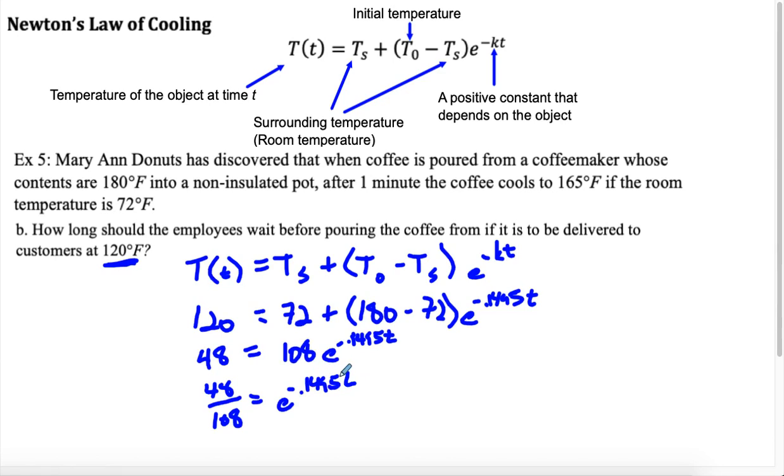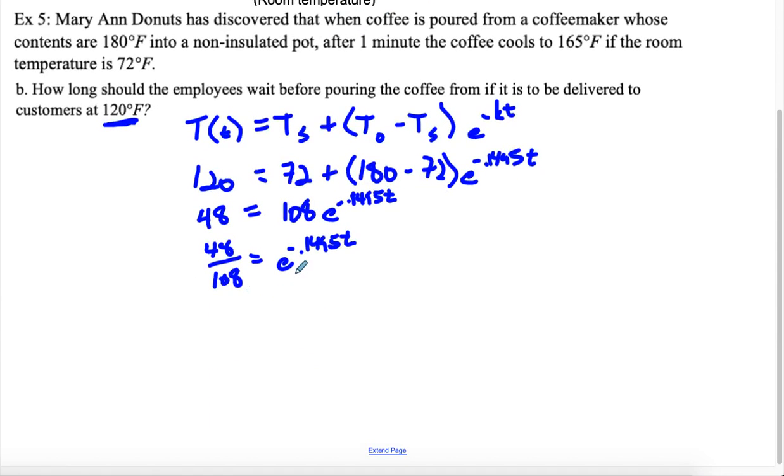And now, once I have the exponential by itself, we can rewrite this as a log. So log base e, a natural log, of 48 over 108 equals negative 0.1495 t.